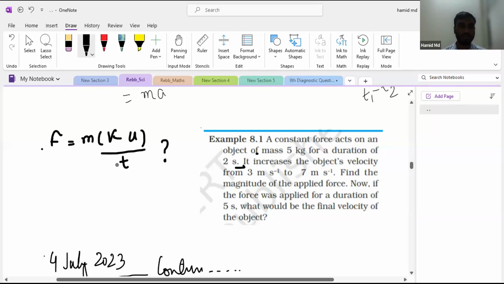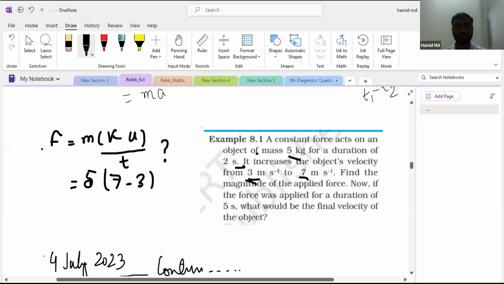After that, your solution is mass is given 5 kg. Yes, 5 kg. And the object velocity goes from 3 to 7. So what is the final velocity over here? 7 meters per second. 7 minus 3.